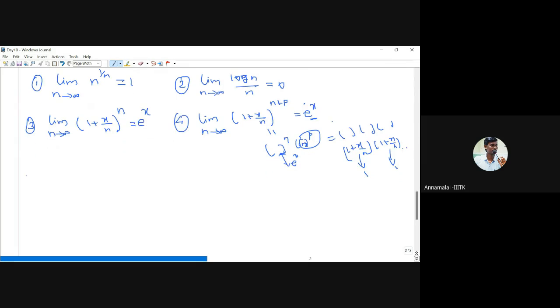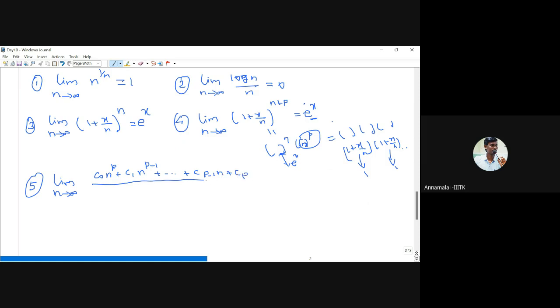Now the next one is sometimes a very important thing. Suppose we have a polynomial. The limit as n goes to infinity of a quotient of two polynomials. In the numerator we have c0 n power p, a degree p polynomial in terms of n, plus c1 n power p minus 1 and so on, plus c(p minus 1) n plus cp.